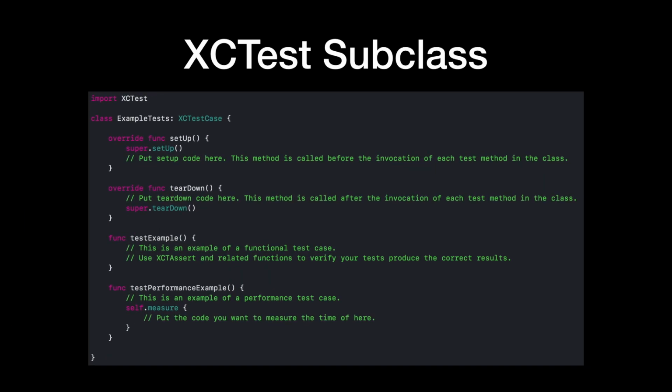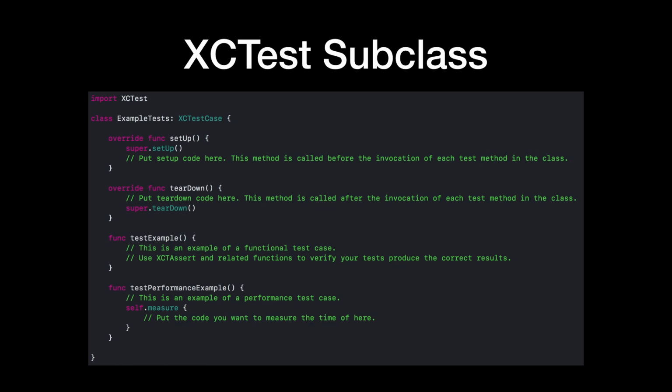So this is what you would get out of the box when you set up your application and you set up a test target. You can see that to get started, you subclass XCTestCase, and then you are good to go. You can start writing test methods.